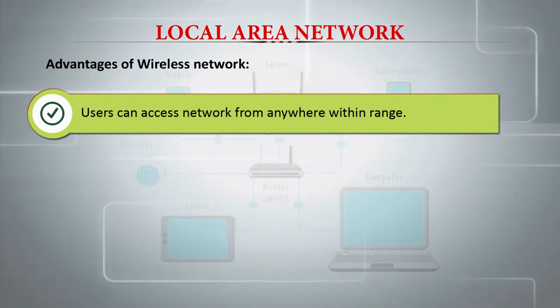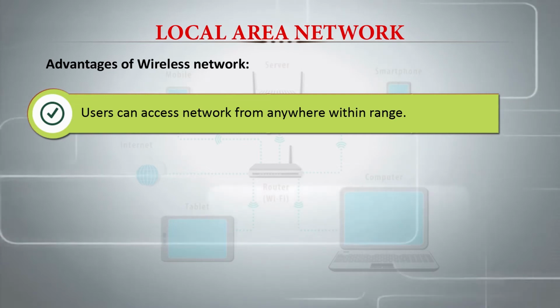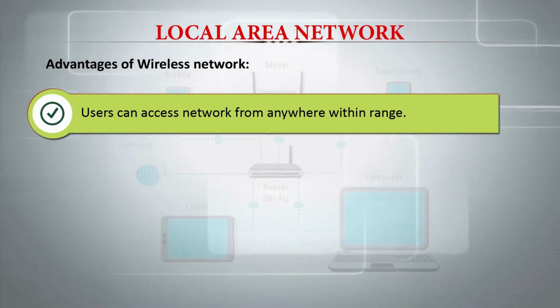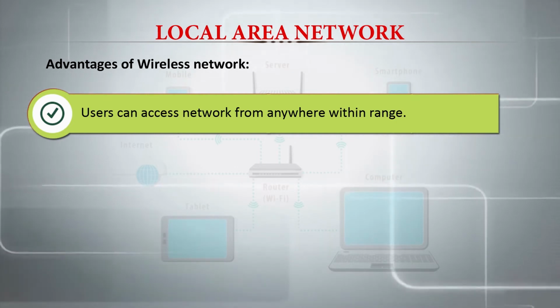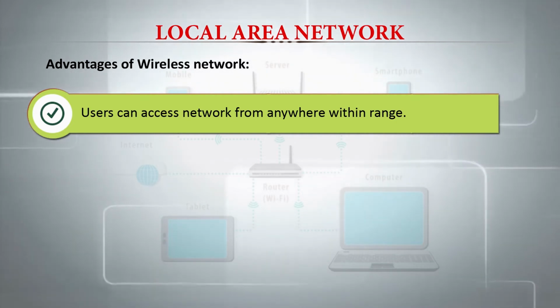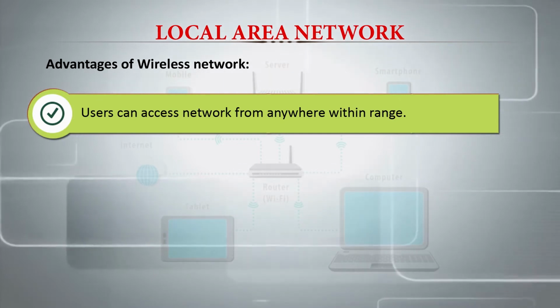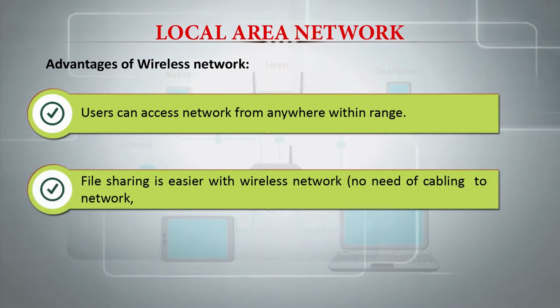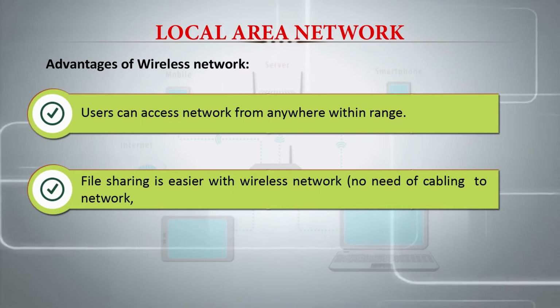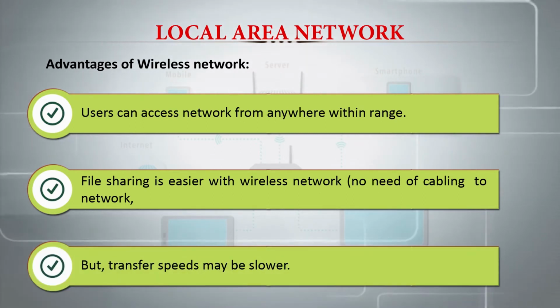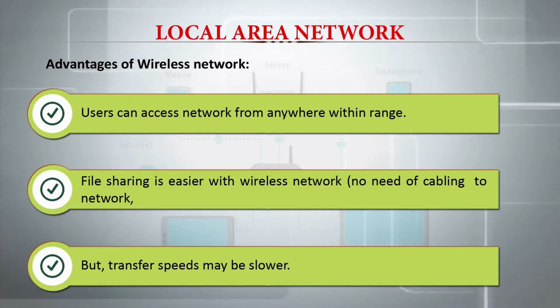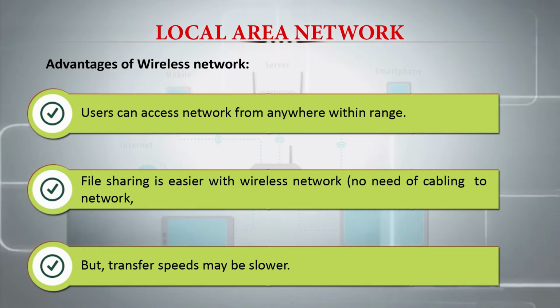Then you can access the resources wherever you are within this building, not physically connected through cable. File sharing is easier with a wireless network because there is no need of cabling to the network. But transfer speeds may be slower. So if we are using wireless technology, then speed is the issue.